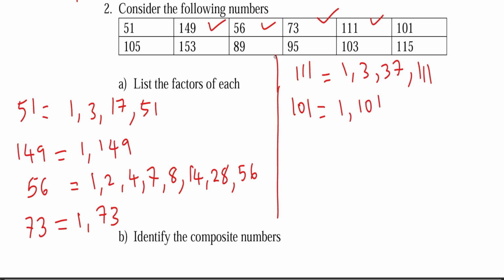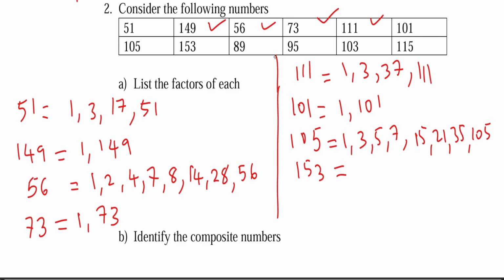Then we have 105. We have a lot of factors: 1, 3, 5, 7, and if you divide by 3, it gives you an answer. So we have 15, 21, 35, and lastly 105. And then again we have 153.